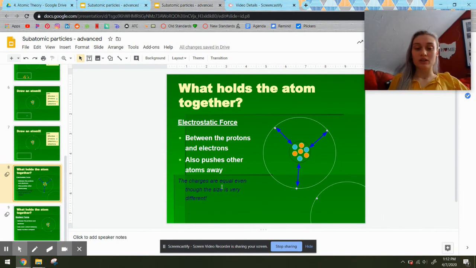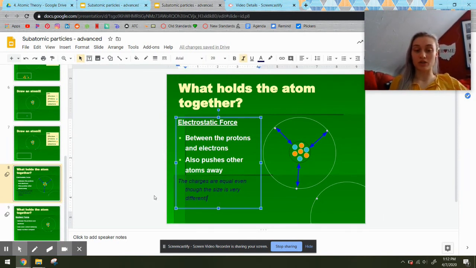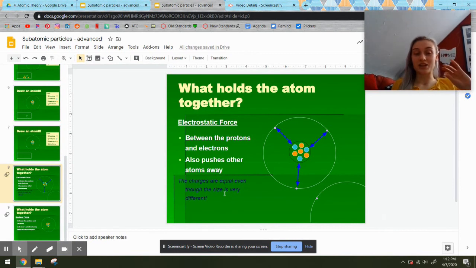And so we note that the charges are equal in size, even though the actual size of the particles is not. So we see that the size of the electron is significantly smaller than the size of the proton. It matters with the weight, because remember, the weight of the electrons is very small, but the weight of the protons is 1.